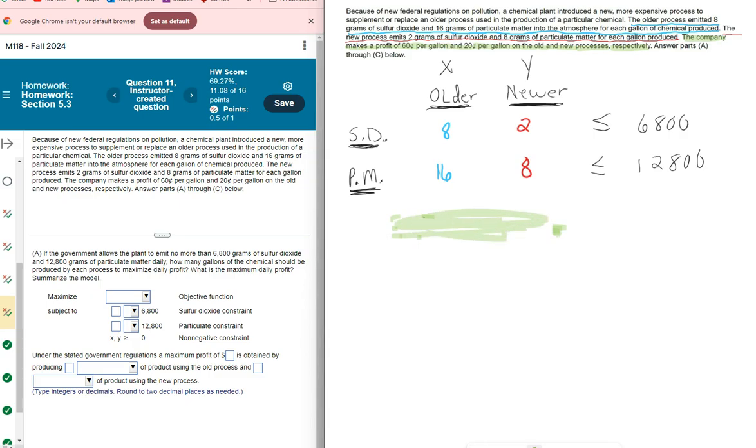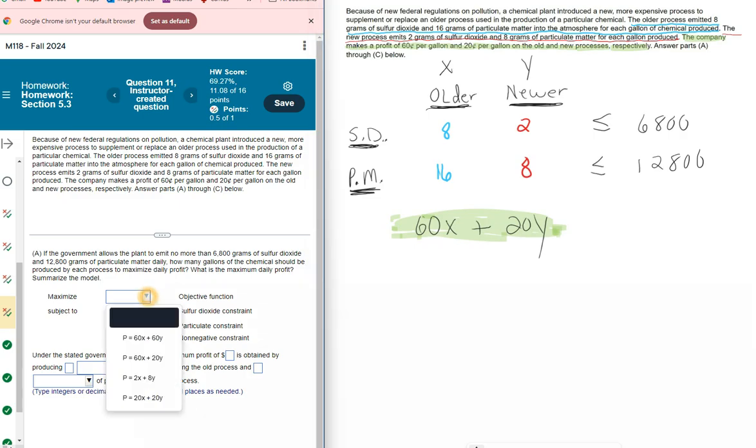In the green, the company makes a profit of 60 cents per gallon and 20 cents per gallon on the old and the new processes. So X is old. They'll make 60 cents for every X plus 20 cents for every Y. I'm going to click this drop down box, and there they are. 60x plus 20y is this choice right here.